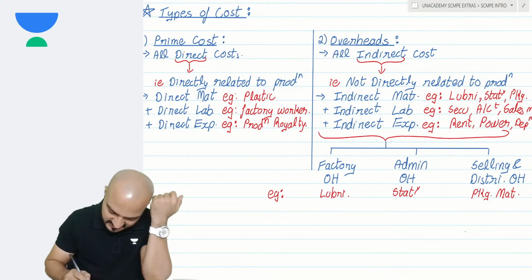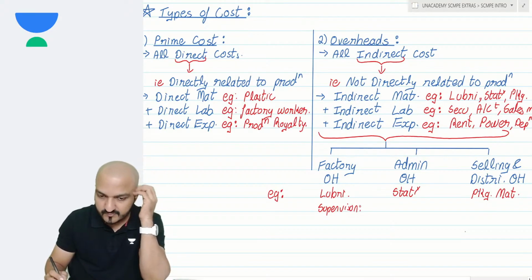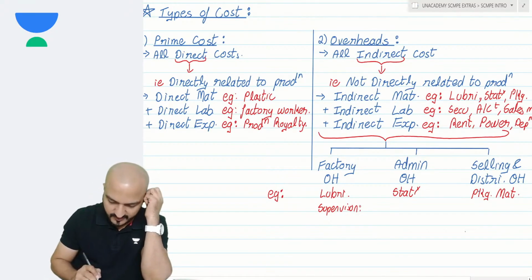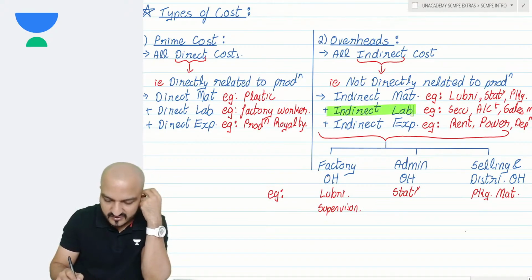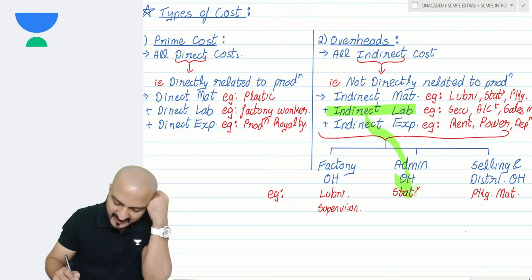Supervisor. The supervisor salary can become the indirect labor incurred in the factory. Second example, indirect labor incurred for admin.